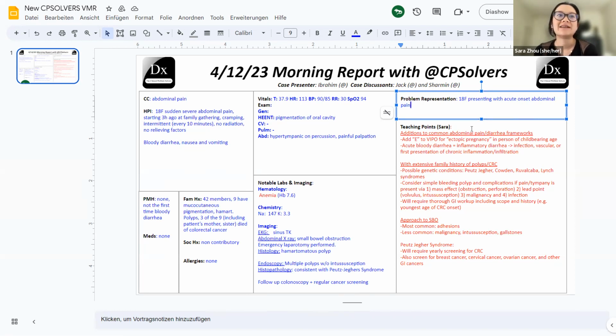Something that was a huge feature of this case was that the patient had an extensive family history of polyps and colorectal cancer. So the differential can include genetic conditions such as Peutz-Jeghers, Cowden, Ruvalcaba, and Lynch syndromes.